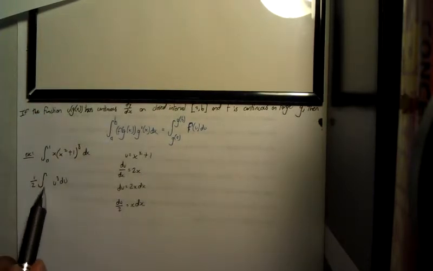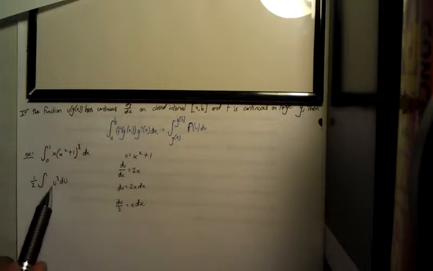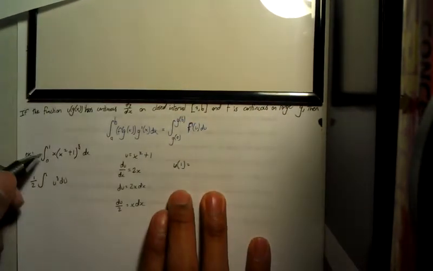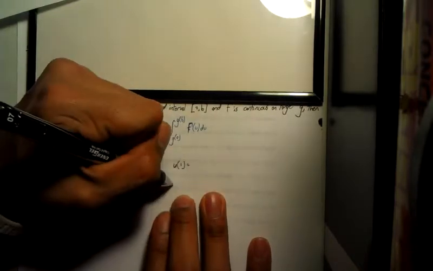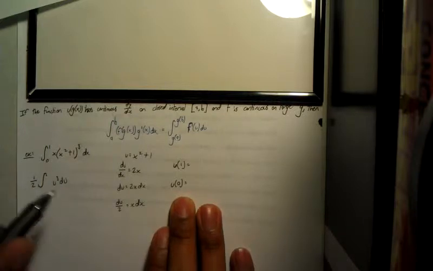And now, instead of just bringing down 0 and 1 and putting them in this spot right here, because we're now solving in terms of u, we've got to change our limits to our restraints in terms of u as well. So in order to do that, we're going to solve u for 1 to get our upper limit, and u for 0 to get our lower limit.